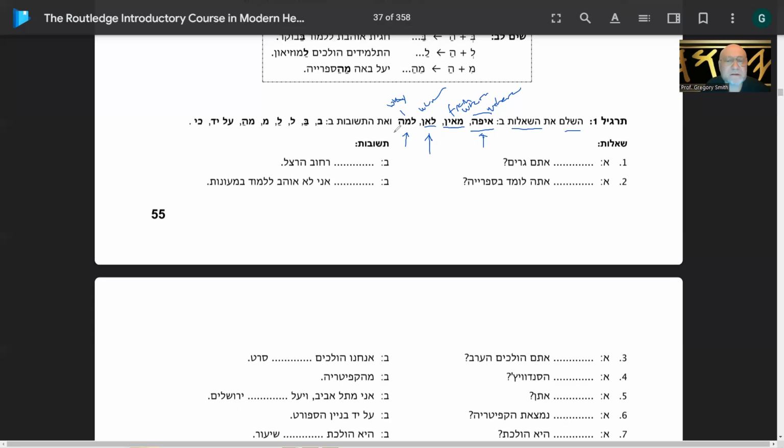And you'll see teshuvot, which means the answers. Ve'et ha-teshuvot, and the answers. So these would be the questions, and these would be the answers.